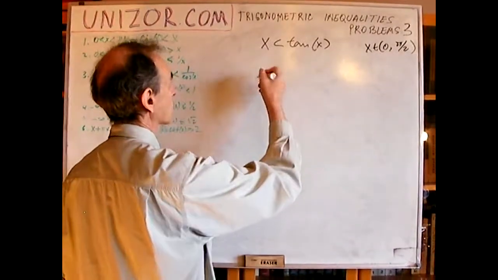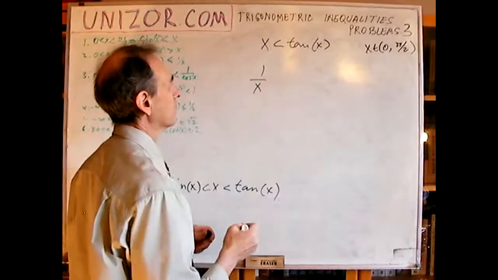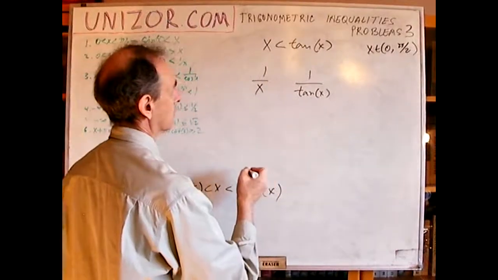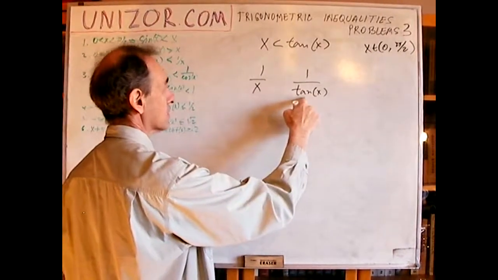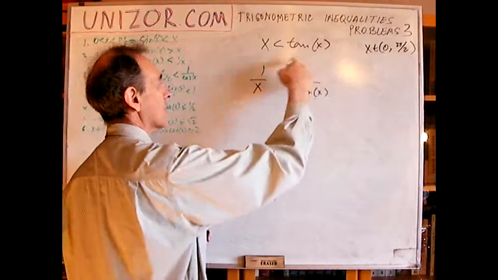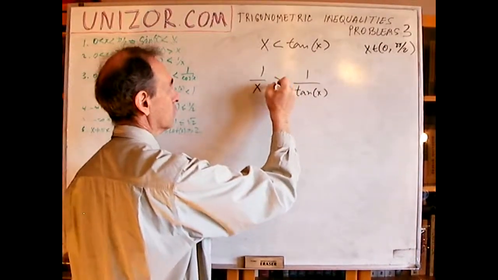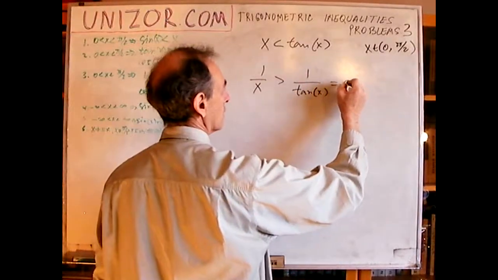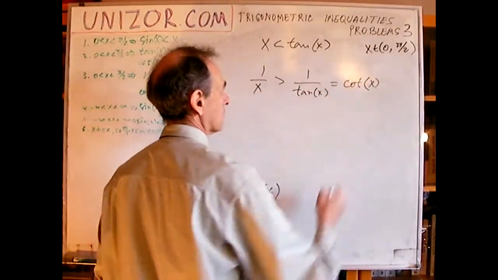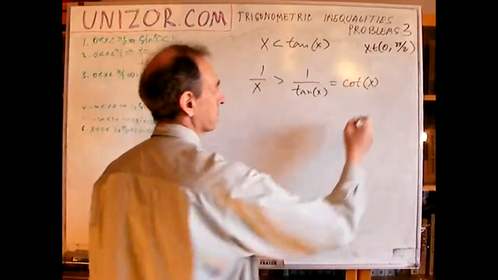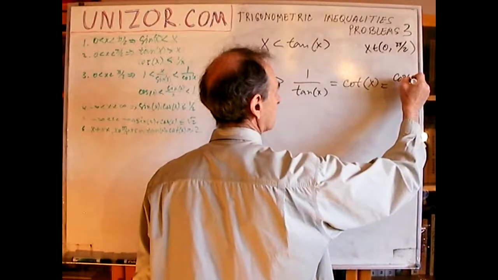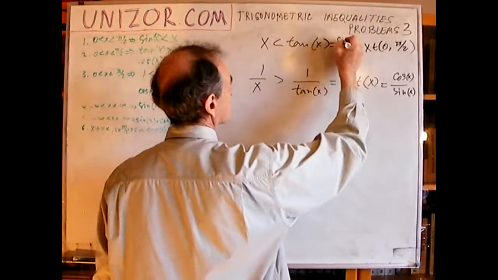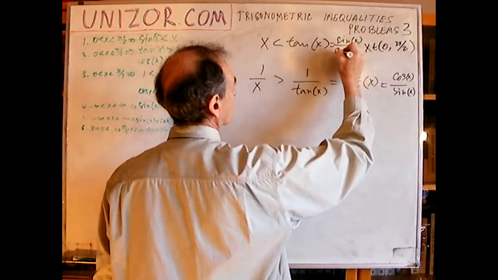So if x becomes a denominator and tangent becomes a denominator, since this denominator is greater than this, then the fraction correspondingly would be smaller, right? Now what is 1 over tangent? Well, it's cotangent of x, right? Remember? This is cosine of x divided by sine of x. That's the definition. Tangent is sine of x over cosine of x.